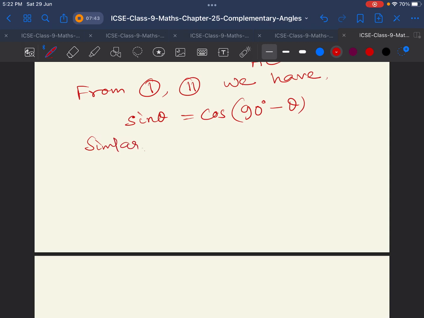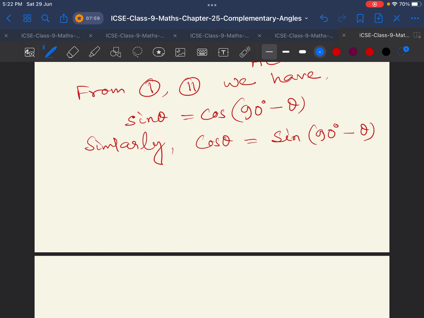Similarly, we can write cos theta equals sin of 90 minus theta.